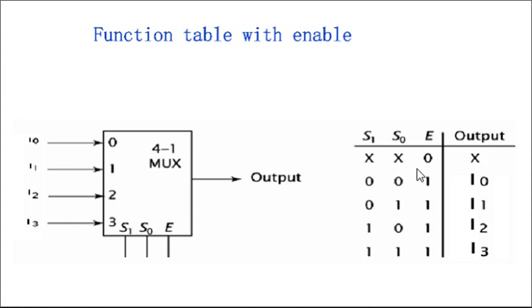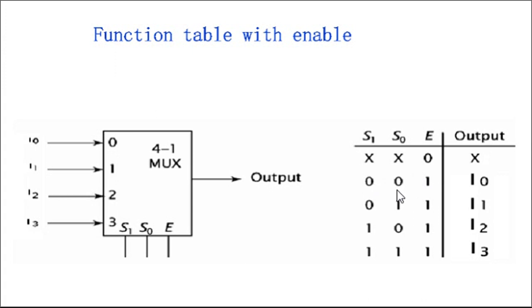If you see the truth table, when E is 0, S0 and S1 are don't care conditions, meaning it does not matter what the value of S0 and S1 is, the output is still 0. Don't care means their value is either 0 or 1, still it is the same.